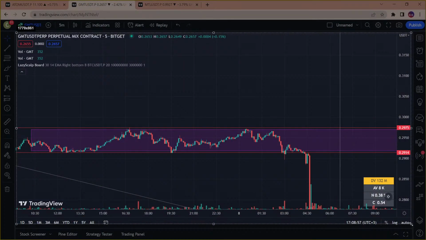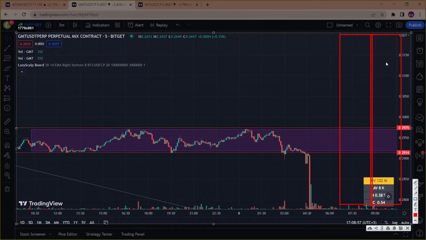Let's draw down. Just imagine you are observing this not only in the graph, but also in the order book. Here you have the order book, for example, futures and spot, and you observe a very interesting thing.